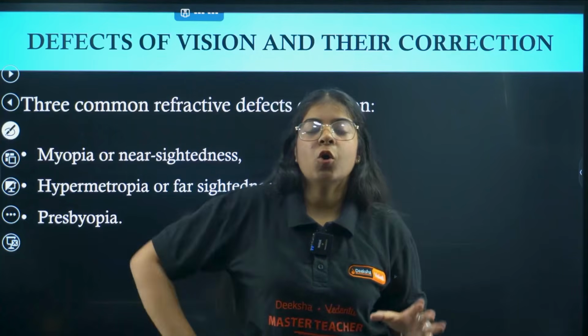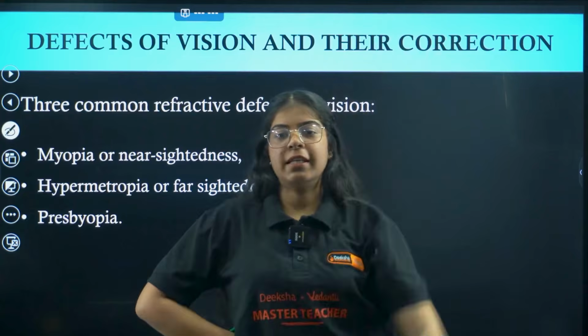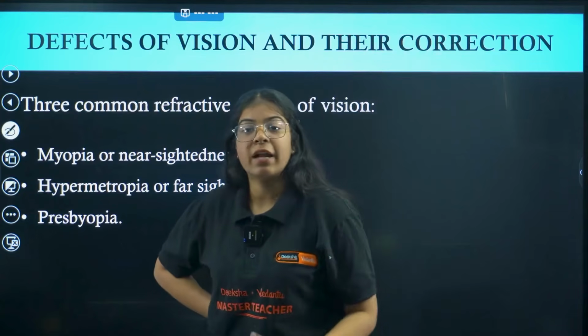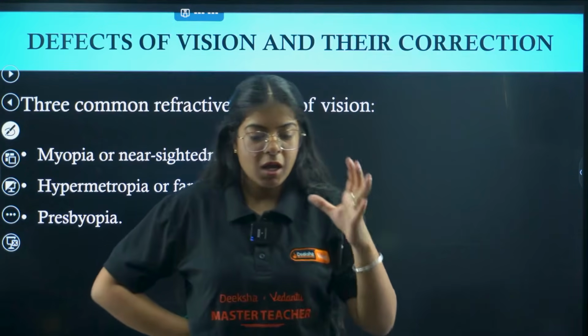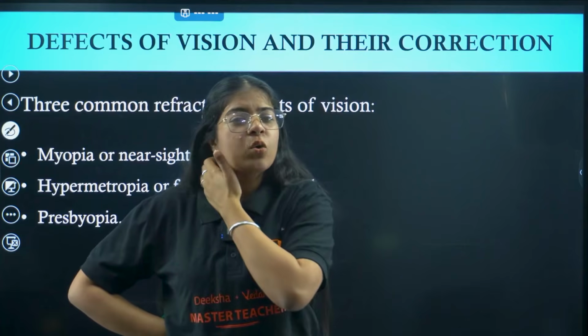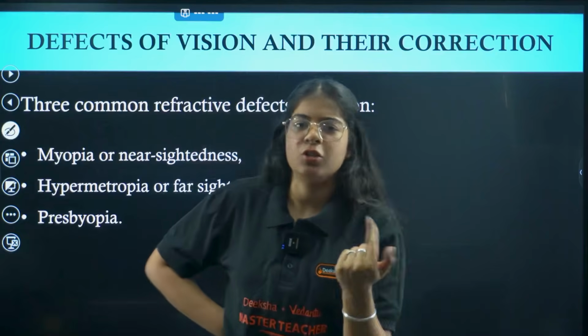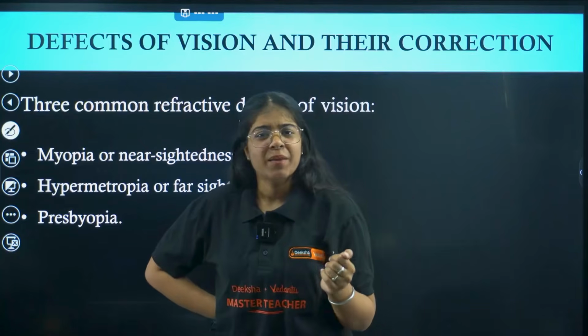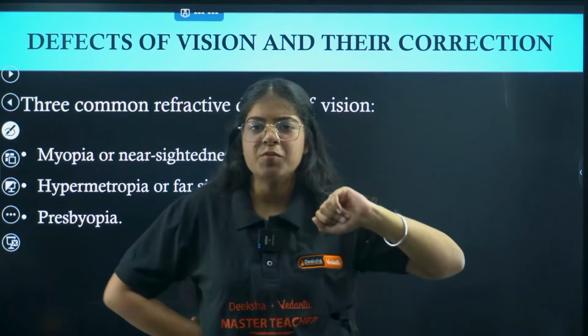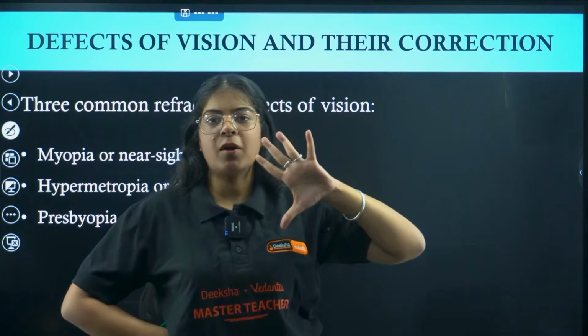Now you don't see far objects clearly, but you might have seen that your grandfather, your grandmother use these spectacles only when they read newspaper or use phone. So why? I can't see faraway objects clearly, but I can see nearby objects clearly.